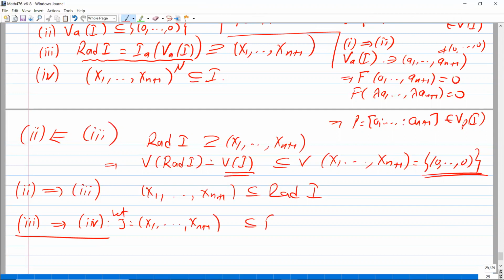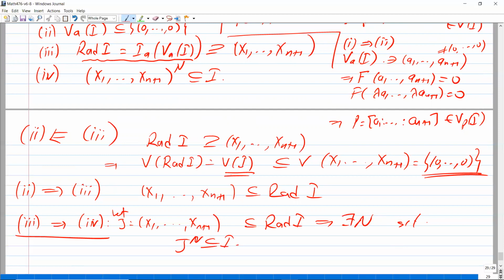If this is inside the radical of I, then we showed that there is an n. We showed this before. This is one of the problems, Problem 2.41 yes. There is an n such that J to the n is inside I. So that's the 4.